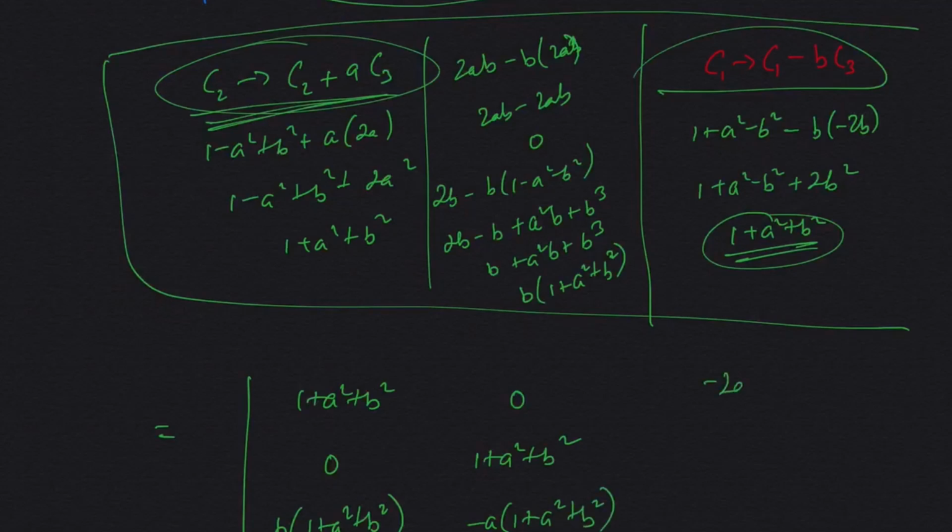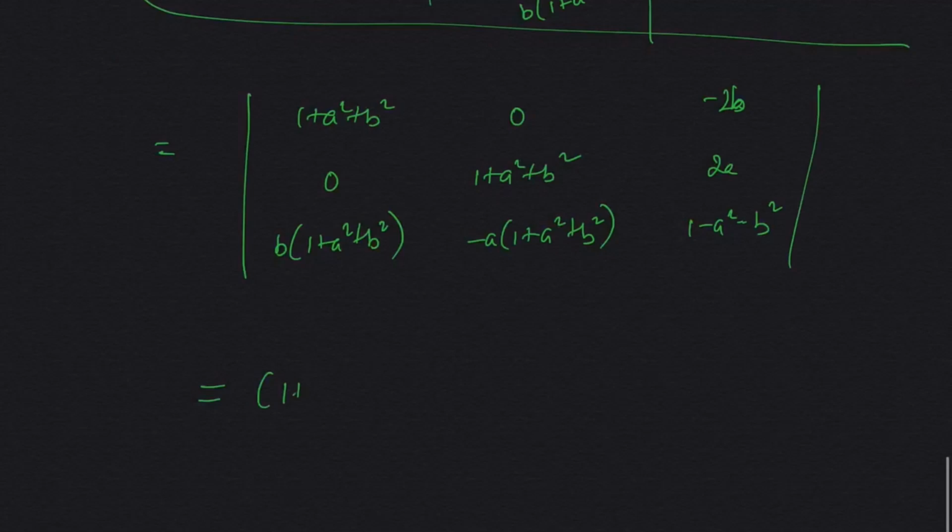Column 3, I'll leave it as it is, minus 2b, 2a, 1 minus a square minus b square. So now when I do this, I can take 1 plus a square plus b square common from column 1 and another common from column 2. So 1 plus a square plus b square.